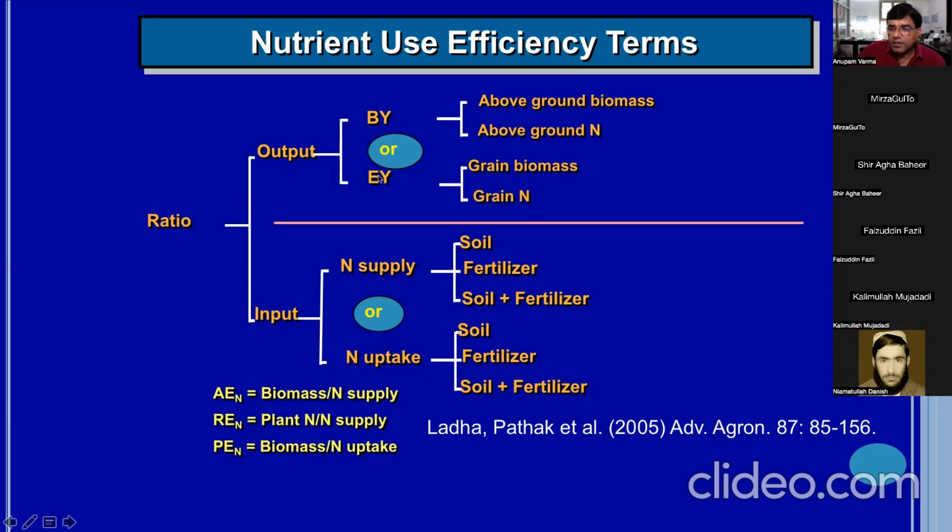Excuse me, sir. Yes, yes. In the last PPT, we studied nutrients. Here we just specify the nitrogen, grain yield, grain nitrogen, grain biomass, above ground nitrogen. Actually, it is by mistake that I am saying nitrogen, but it is applicable to all the nutrients.